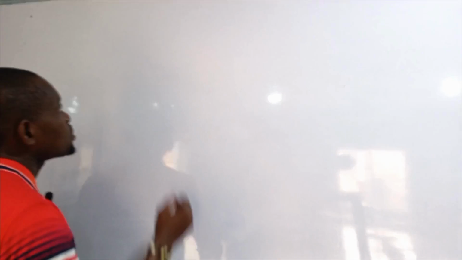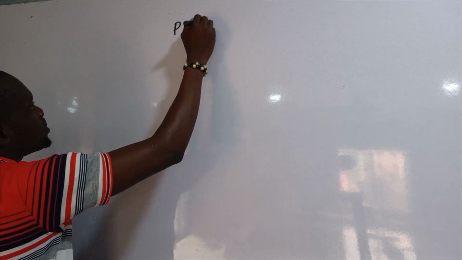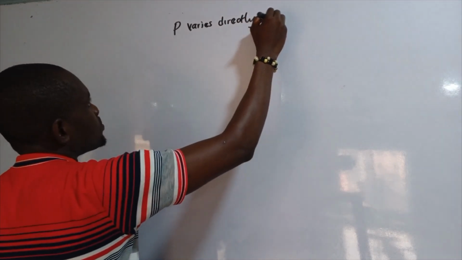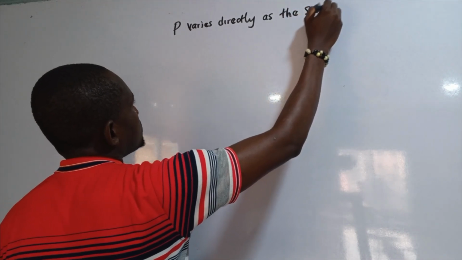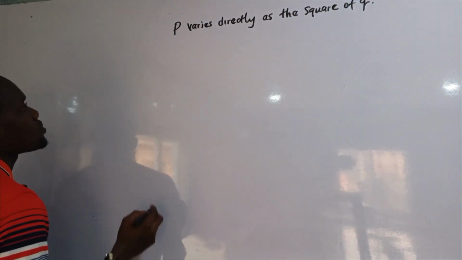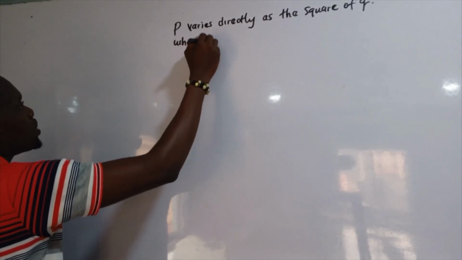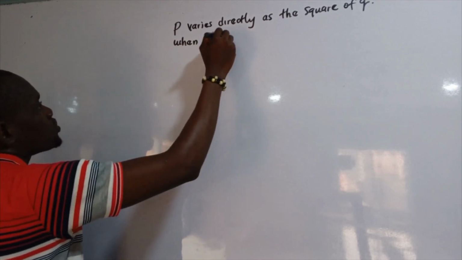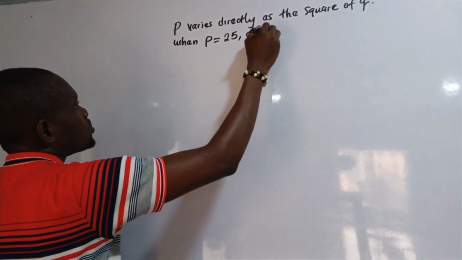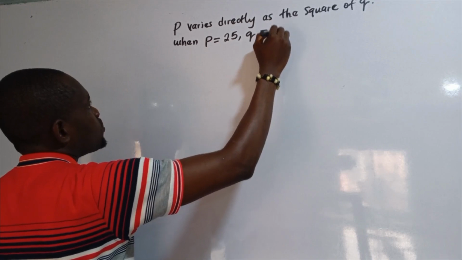In a situation where you have P varies directly as the square of Q. When P is equal to 25, Q is equal to 4.